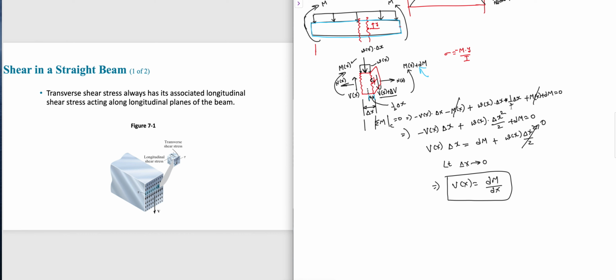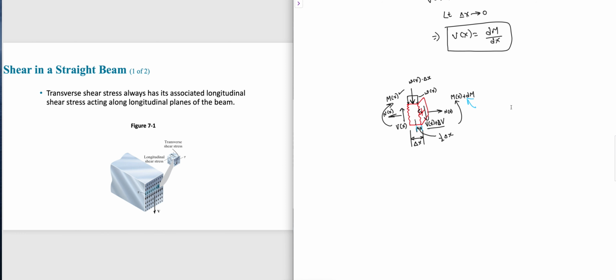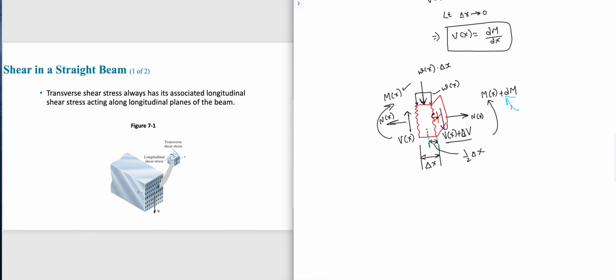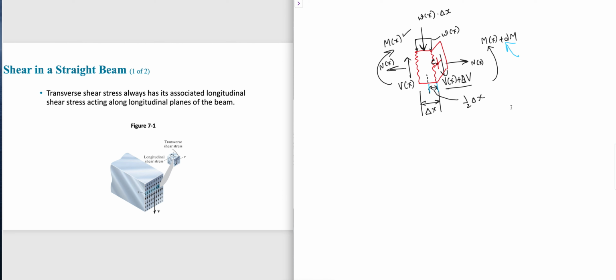Now, let me select this part, copy, paste. What I will do is I will bring this to the bottom. So you remember this discussion that we just made? This cut that we made?